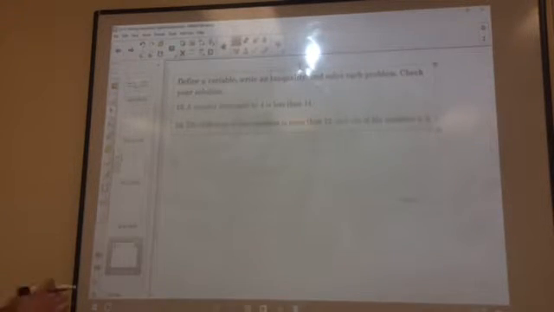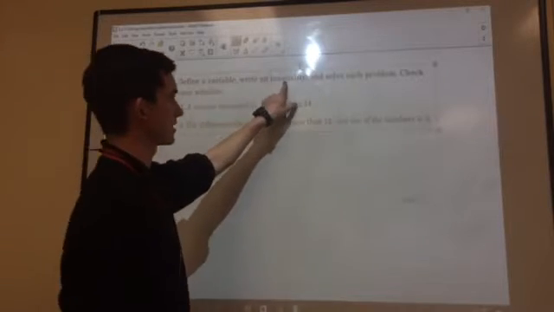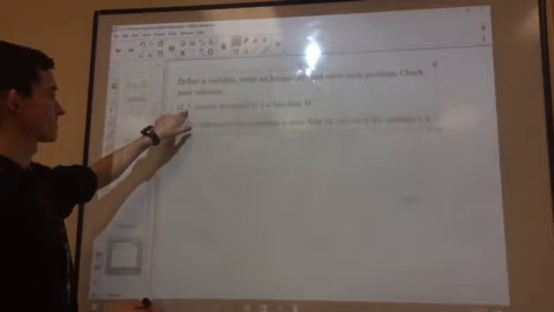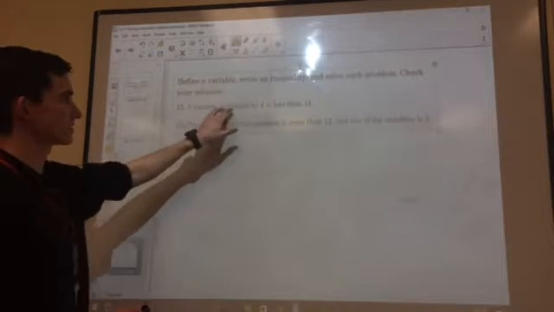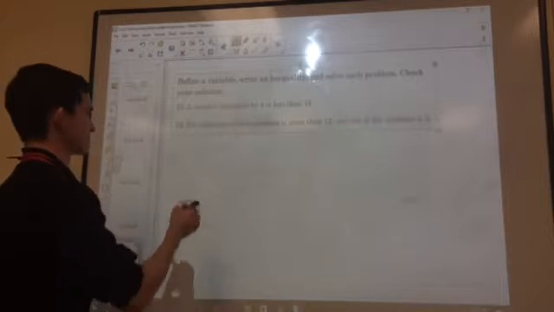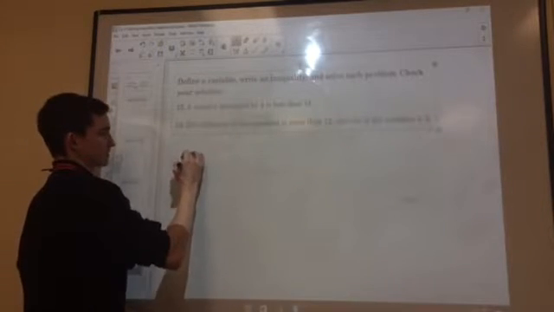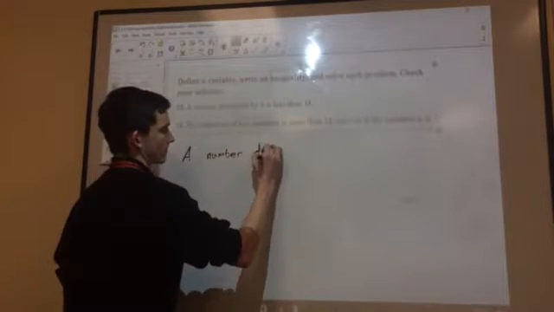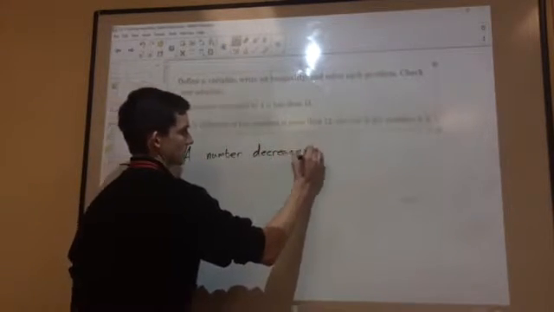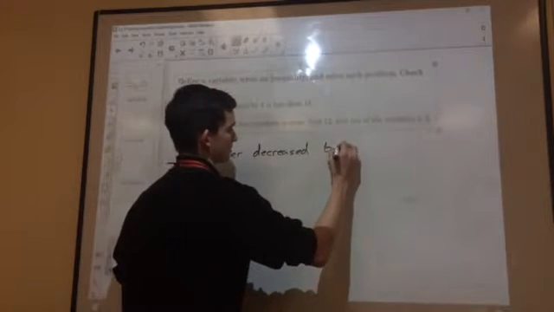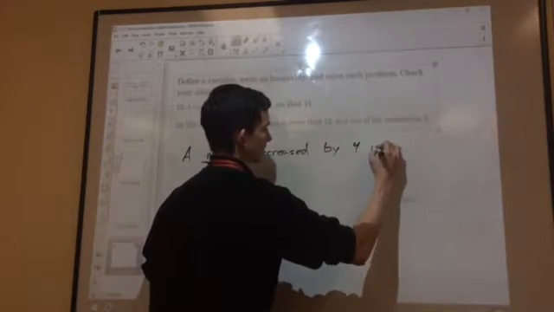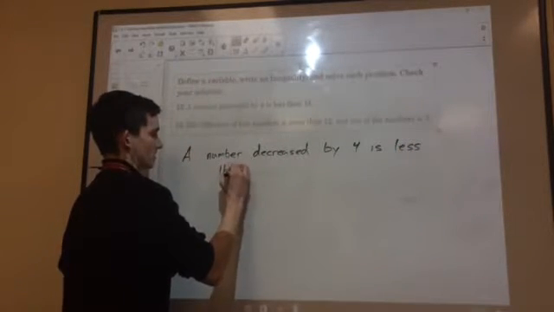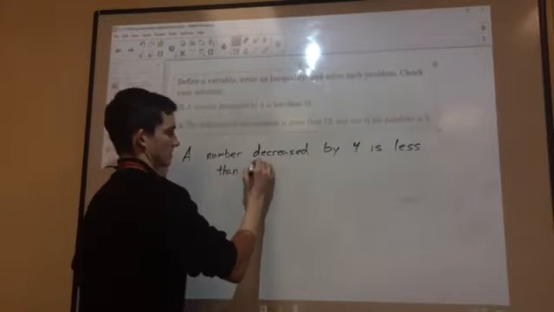Okay, last example. It says define a variable, write an inequality, and solve each problem. Check your solution. So I'm going to start off defining a variable. Notice it says a number decreased by 4 is less than 14.